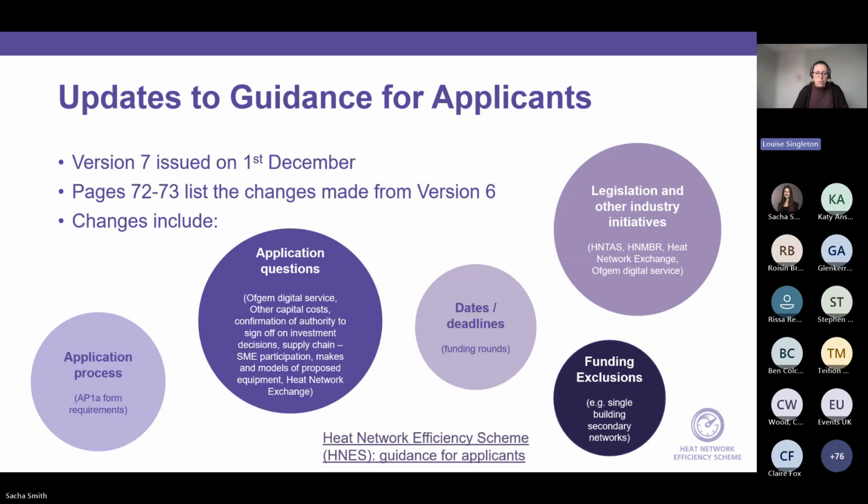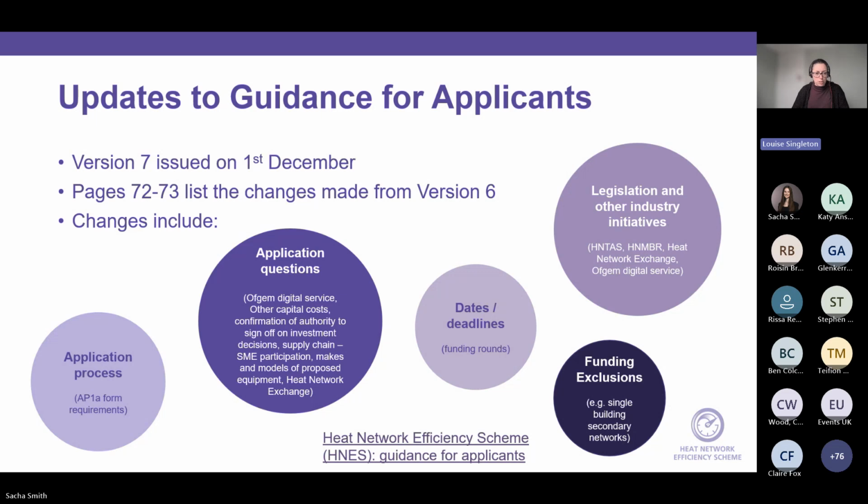We also ask some questions around the supply chain, so things around use of SMEs, small and medium enterprises, if known, and also makes and models of proposed equipment that you're looking to install. You may or may not know this at this stage, but if you're, for example, looking to install HIUs, do you know which models or makes of HIUs you're planning to install?